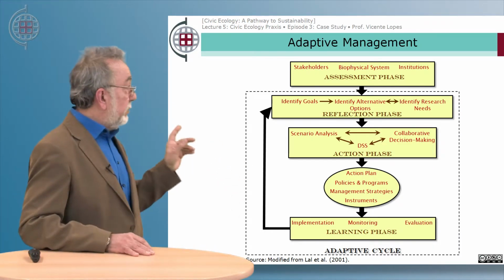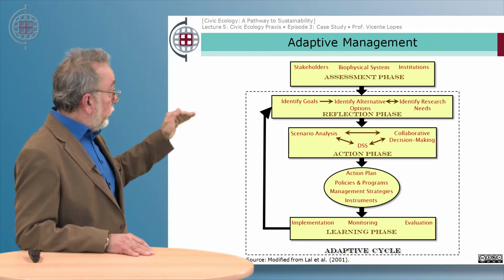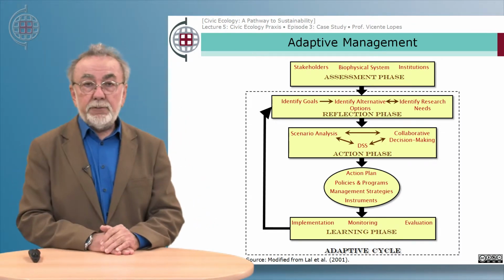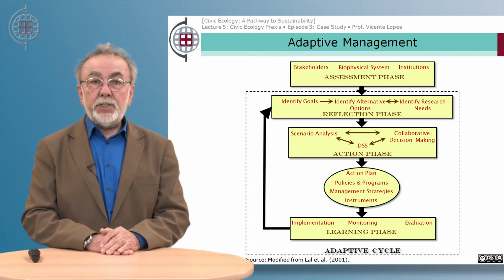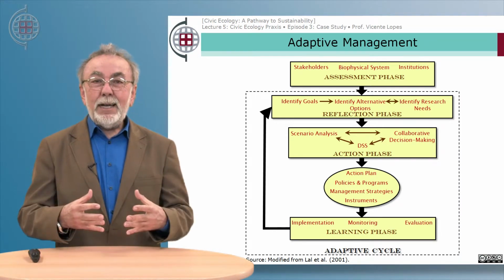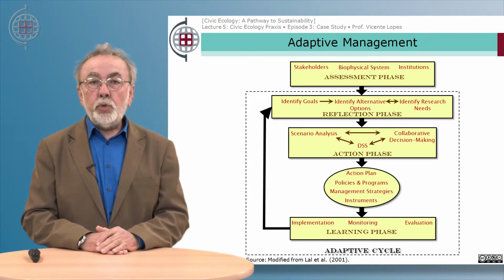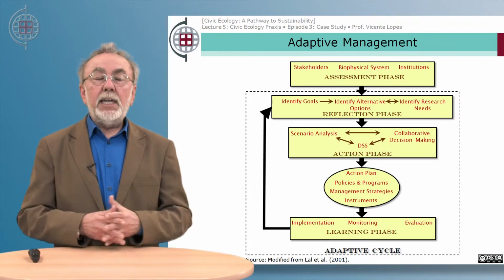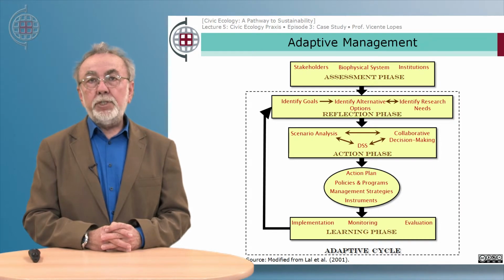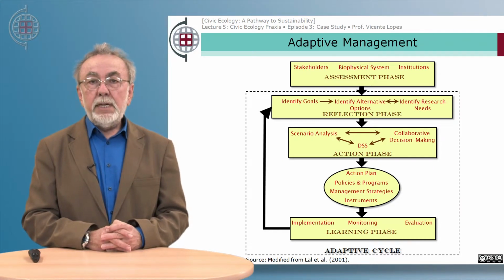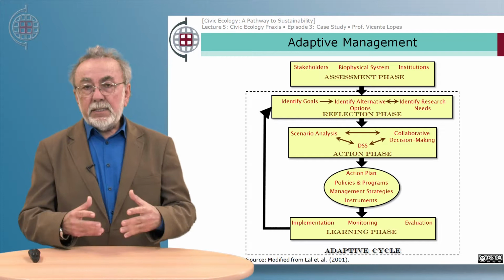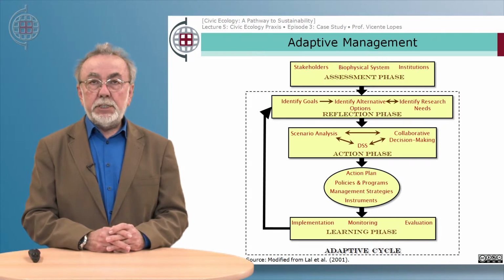So once that assessment phase was completed, we moved to the next phase, the reflection phase. During that reflection phase, the main activities that took place were, first, identification of goals, second, identification of alternative options to address the goals, and when necessary, identification of research needs.